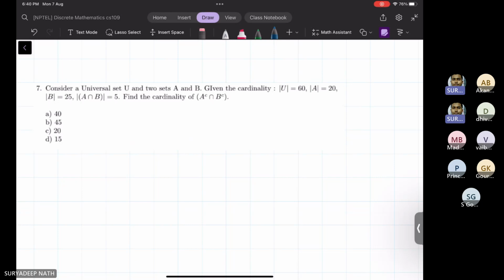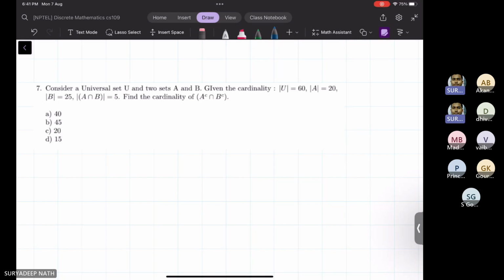So we have a universal set and two sets A and B. Given the cardinality, the universal set has 60 elements, A has 20 elements, B has 25 elements, and A intersection B has 5 elements. So find the cardinality of A complement intersection B complement.